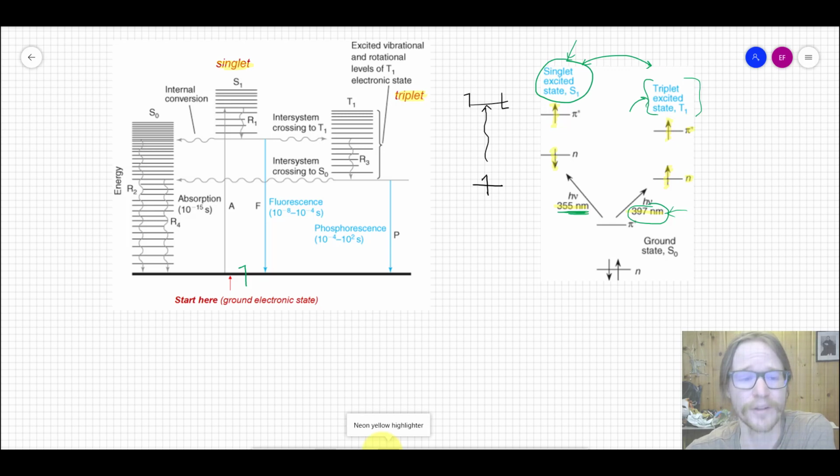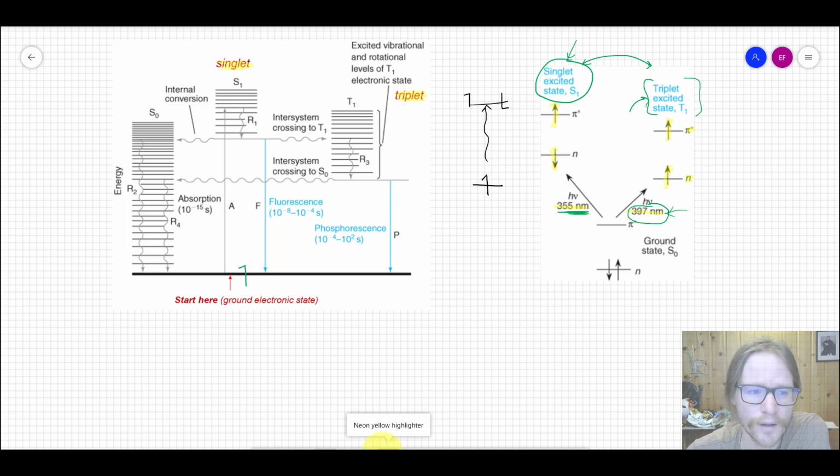It's transferring energy in a different way across those energy levels. The very first thing we're going to look at is this vertical line here, labeled A, because that's an absorption step. That is the phenomenon we understand as absorption.